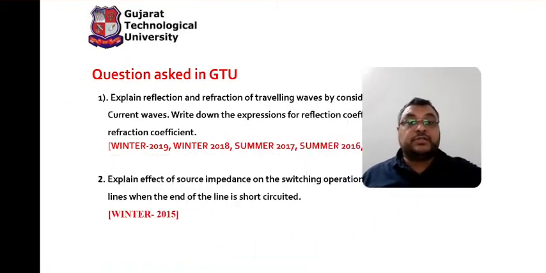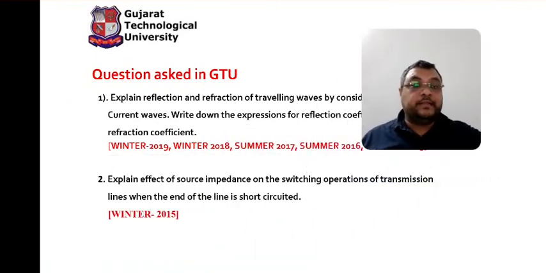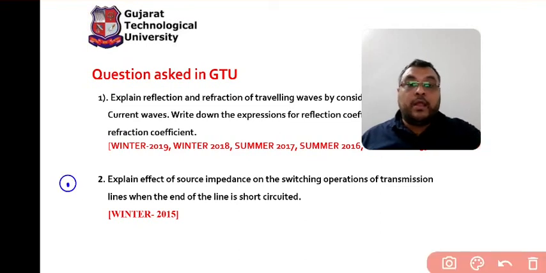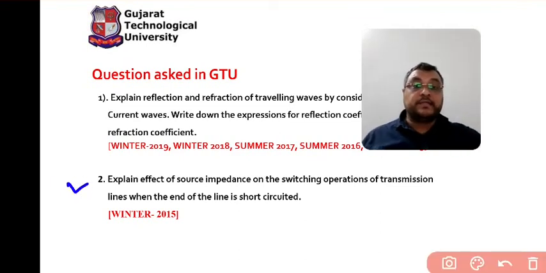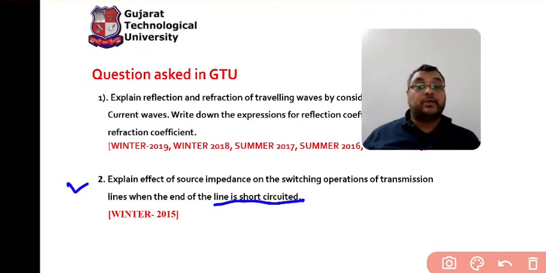Another question is to explain the effect of source impedance on the switching operation of a transmission line when the end of the line is short circuited. There are two cases to discuss, the line short circuited and the line open circuited, which have different parameters and coefficients.